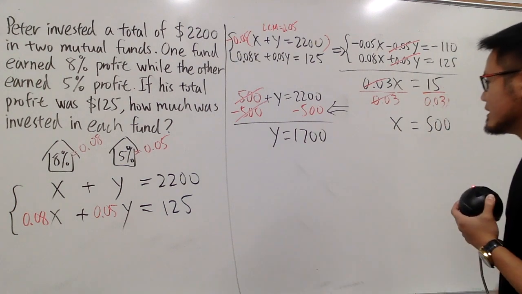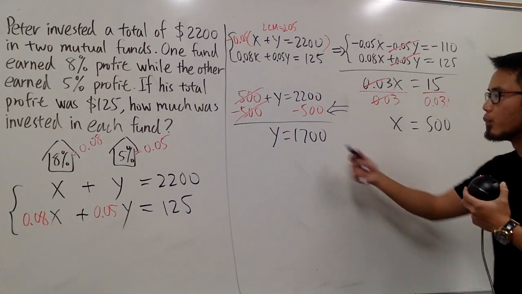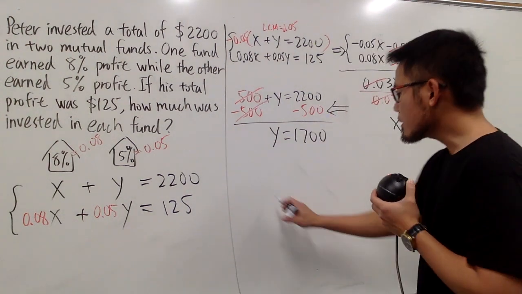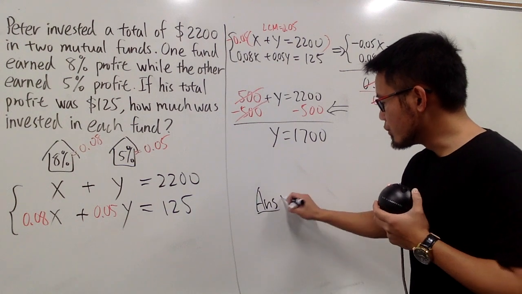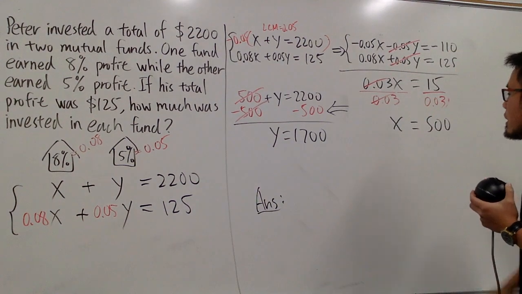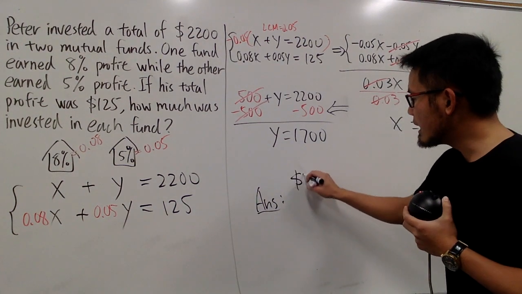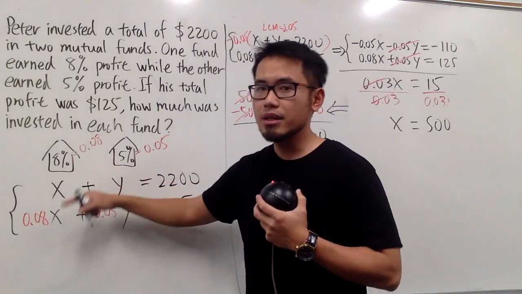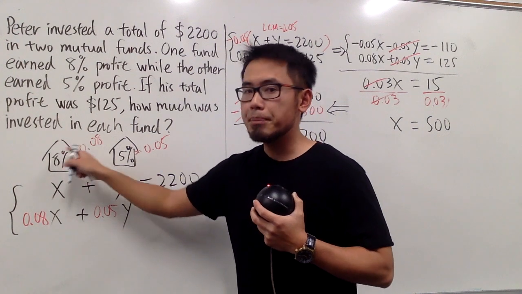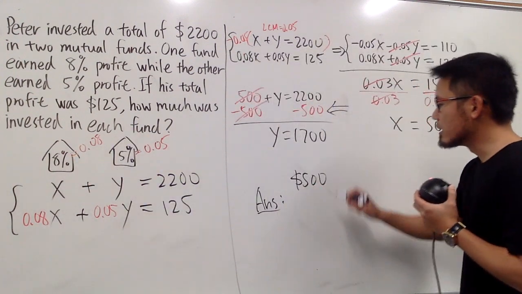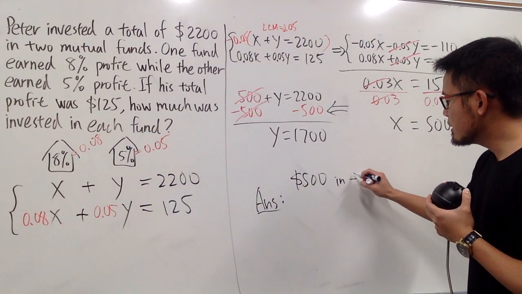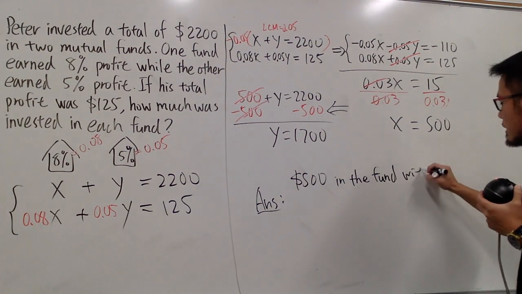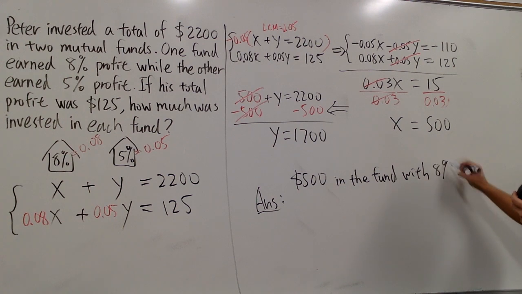So in the end, we see that X is 500 and Y is 1700, but you have to make sure you answer the question correctly. So be sure you give meanings to these numbers. The 500 means $500 in the fund that earned the 8% profit. So I will just write this down. $500 in the fund with the 8% profit.